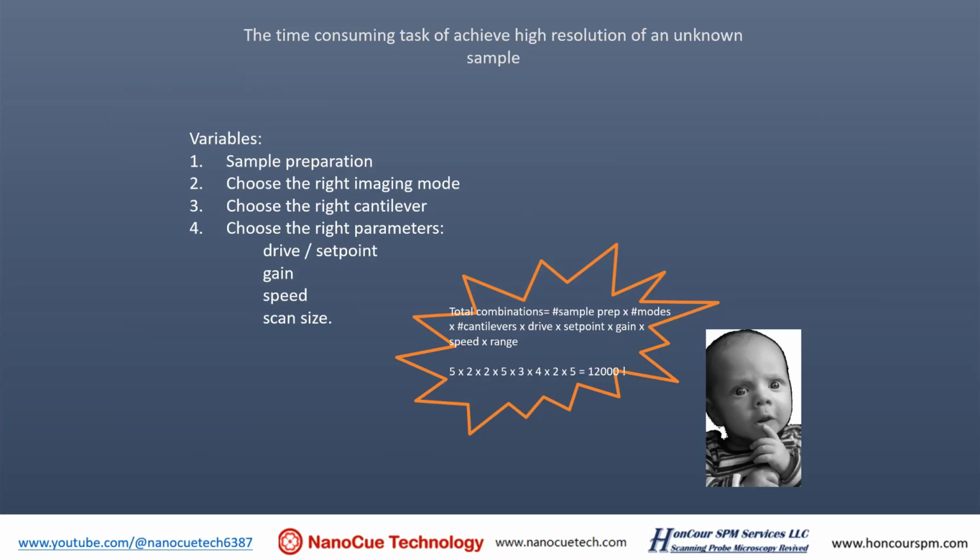So if you enter a situation where you try to decide what the parameters are, there are too many things to choose. So we have to narrow down the parameters so that we could reduce the time we spend on optimization.